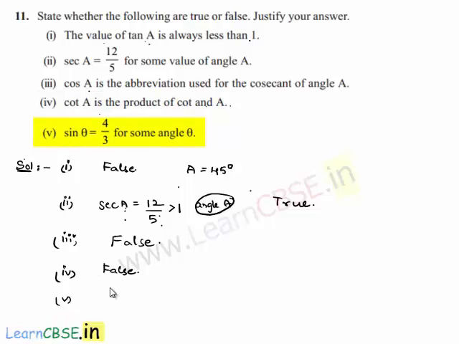Given that sin theta is equal to 4 by 3 for some angle theta, this will be false because we know the sine value tends from just 0 to 1. It is minimum at theta equal to 0, that is the value is 0, and at theta equal to 90 it is maximum and the value is 1. So the value can't be 4 by 3.